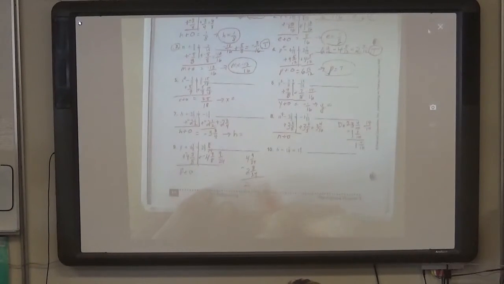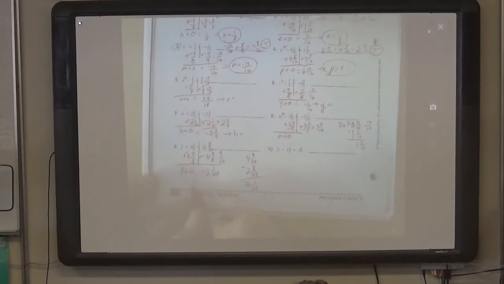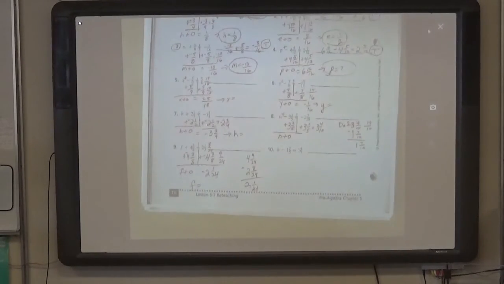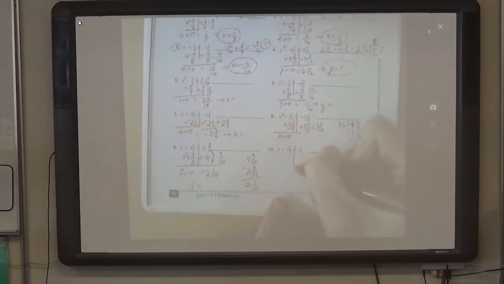And yep, we have enough. 2 and 1/24. Now, it's negative. So F equals negative 2 and 1/24, and then check it.